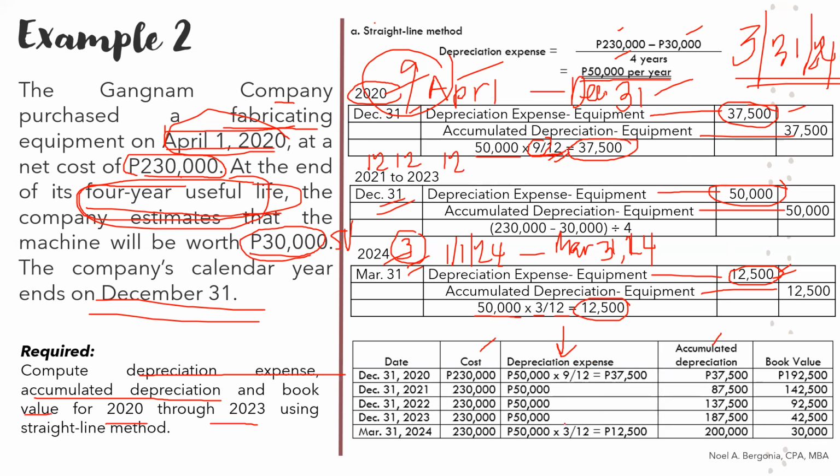Okay? So for 2020, you have 230,000 cost pa rin minus the accumulated depreciation in the first year, which is only 37,500 kasi good for 9 months lang, di ba? So ang book value mo at the end of 2020 is 192,500. Okay?